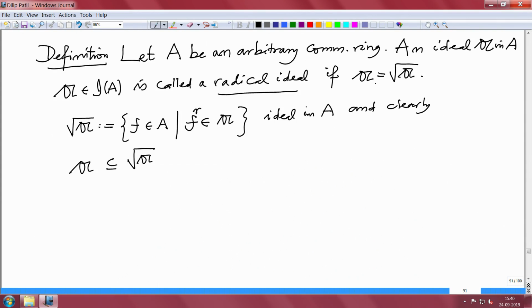Let us spell this out. This inclusion is always true, so we are interested in when the other inclusion happens. That means, if f belongs here, then it should belong here.